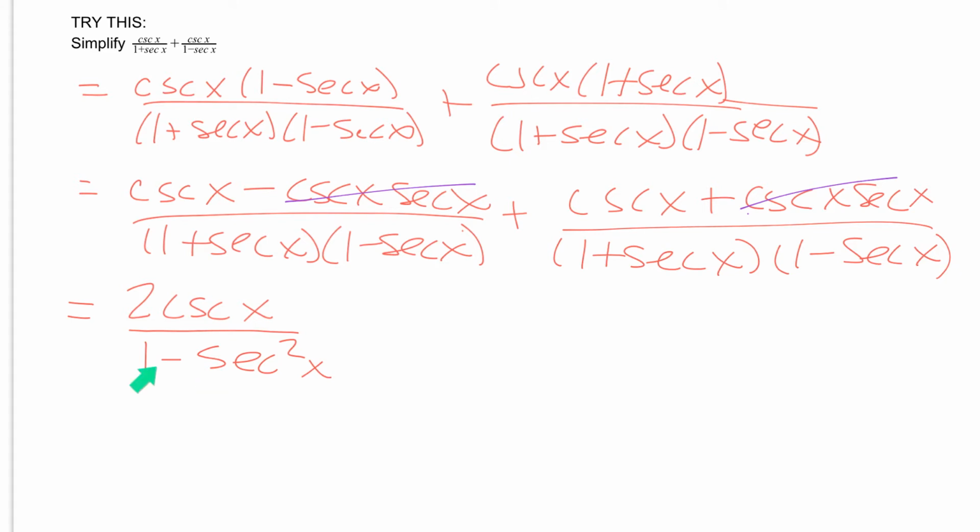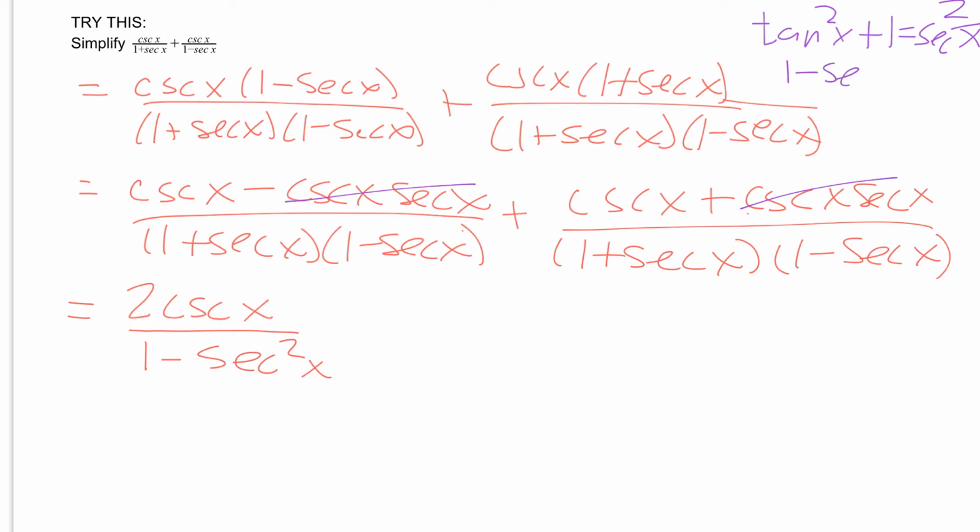Then from here, 1 minus secant squared x, you should be thinking about your Pythagorean identities. So if we look at the one with the secant x in it, it's tangent squared x plus 1 equals secant squared x. And so to get 1 minus secant squared x, I would have to subtract the secant squared x over to this side, which means I'd have to subtract the tangent squared over to the other side.